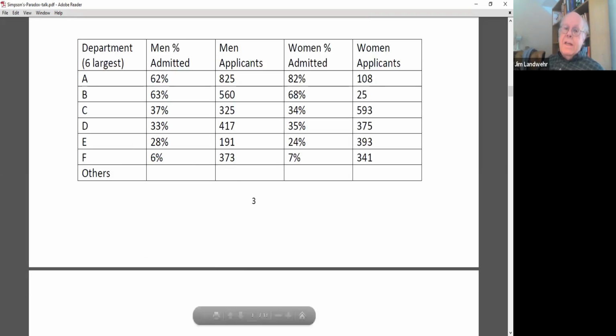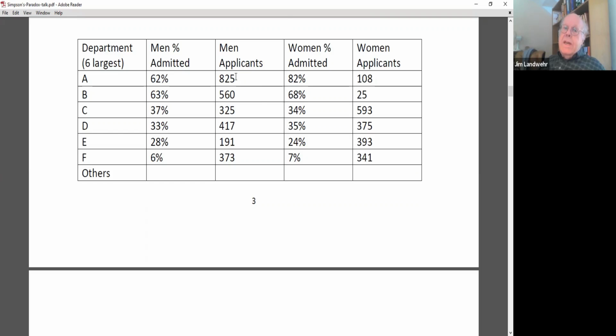Well, what's happening is that the women are applying to departments that have higher admission standards, that are admitting fewer people.